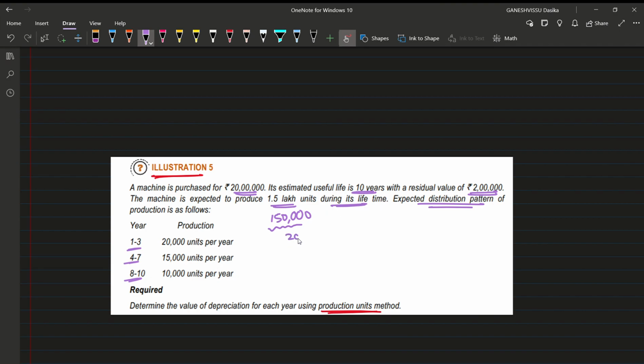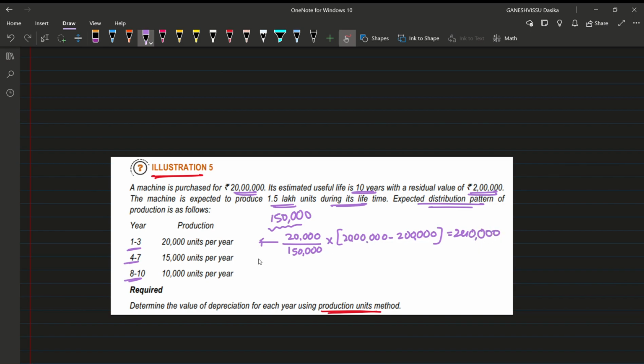So 20,000 units divided by 1,50,000 units for this year, into the cost of the asset, that is 20 lakhs minus 2 lakhs. So we can say 18 lakhs into 20 divided by 150, which is 2,40,000.